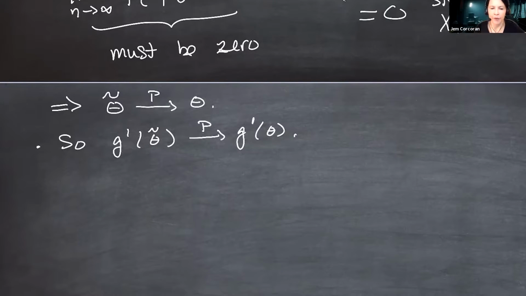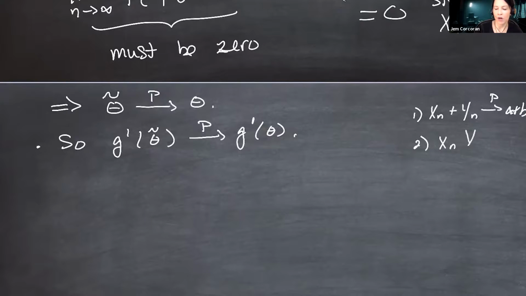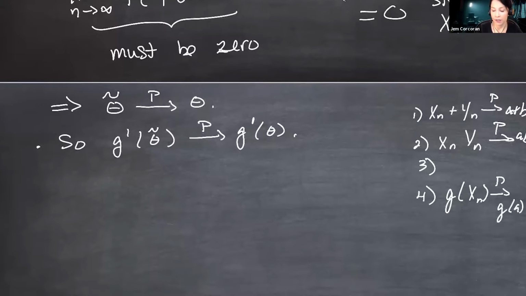When we first talked about convergence in probability, we said if xn goes in probability to A and yn goes in probability to B, then xn plus yn goes to A plus B, xn times yn goes in probability to A times B, and we had a ratio. And the fourth one was that we put it through a continuous function. So we had a theorem that says continuous functions preserve convergence in probability.